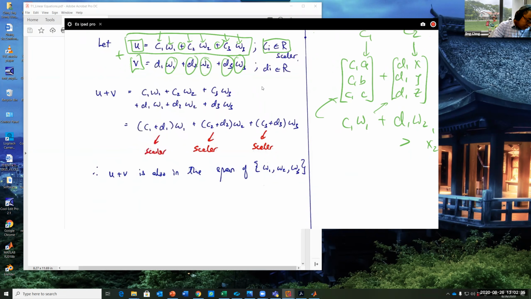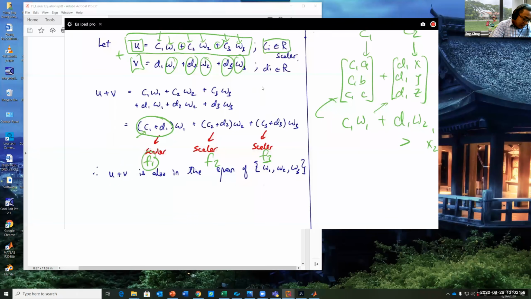Now, once we have reached here, again we realize that C1 plus D1 is a scalar, because C1 is a scalar, D1 is a scalar, and C1 plus D1 is another scalar. Let's call this F1, and then here's F2, and then F3. And then we're back to the same idea.